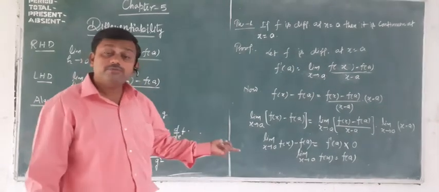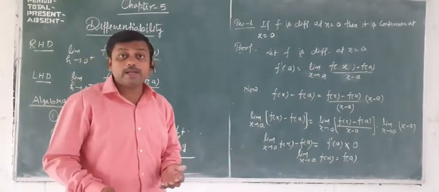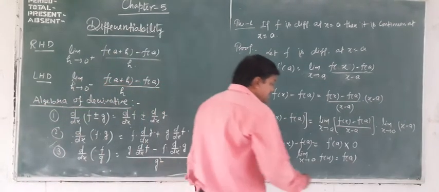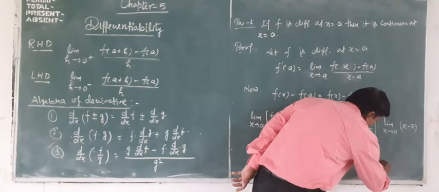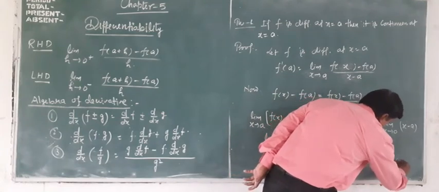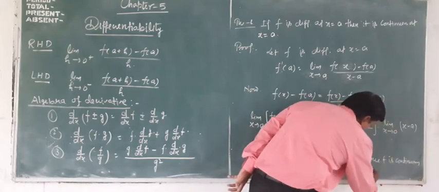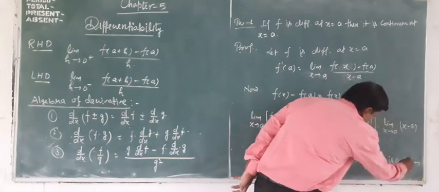Hence, this is the definition of continuity. If the limiting value equals the exact value, the function is continuous at that point. Hence, f is continuous at x equal to a.